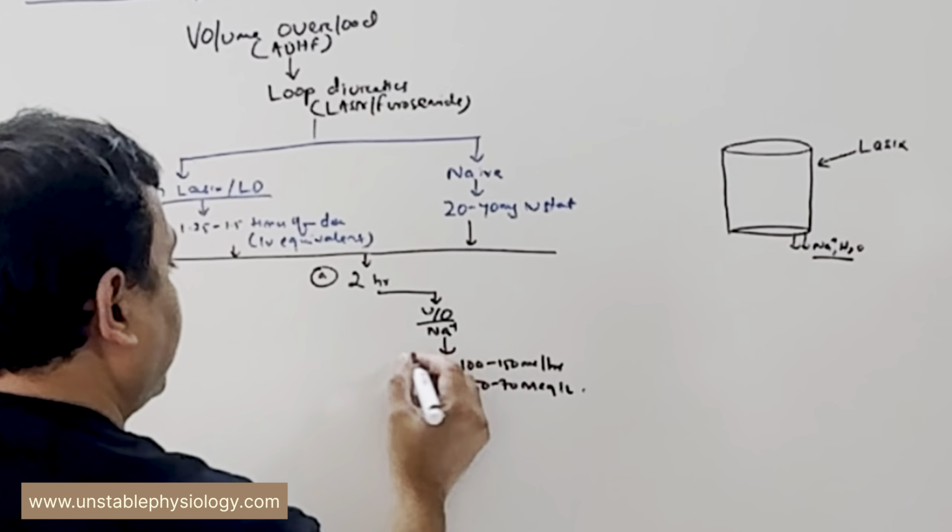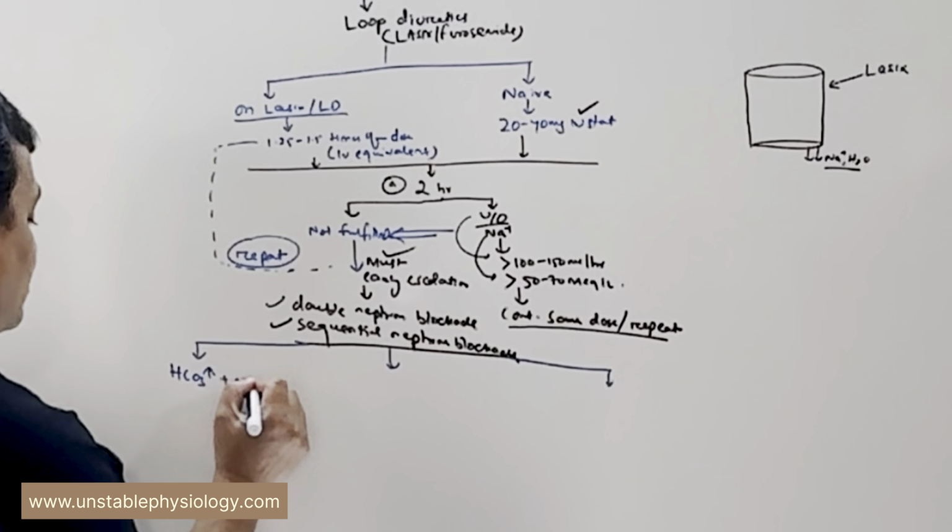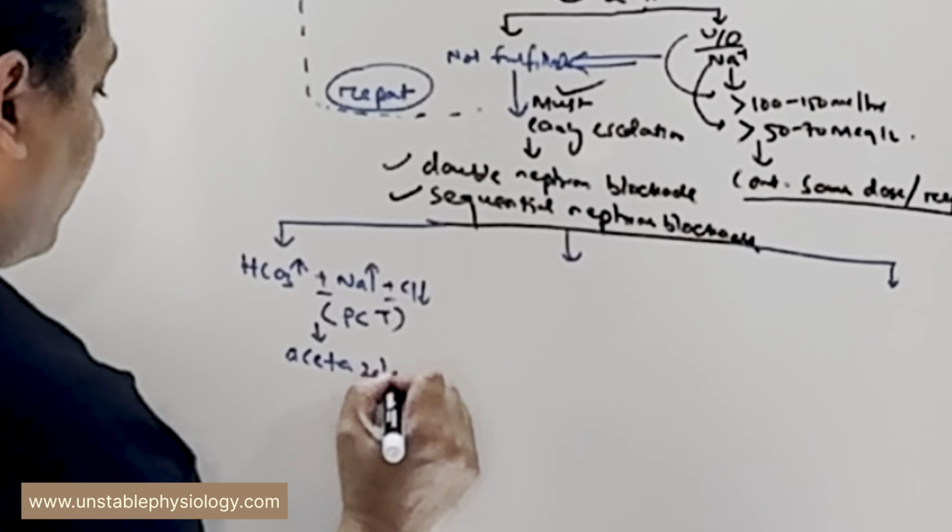Check the BMP. If the bicarbonate is increased, at the same time sodium is also increased, or chloride is low, here you must understand that it is the proximal convoluted tubule that is the culprit. So you have to add an agent that works on the PCT, and that is acetazolamide.